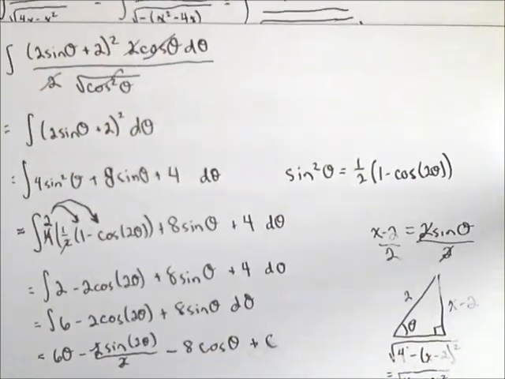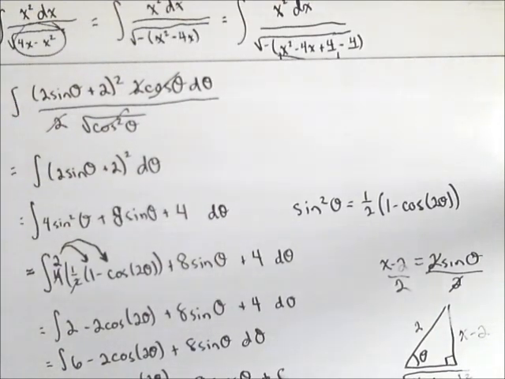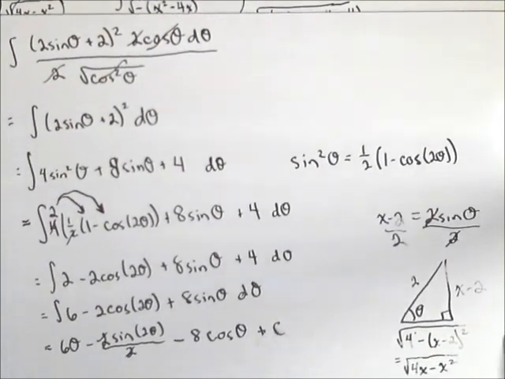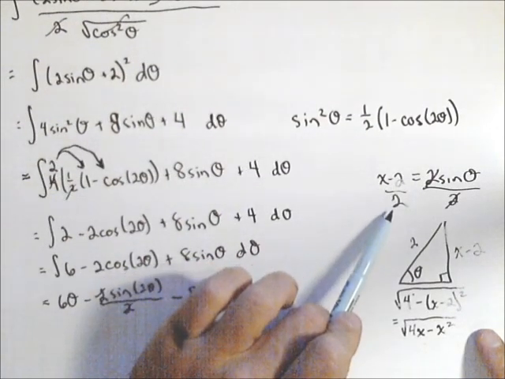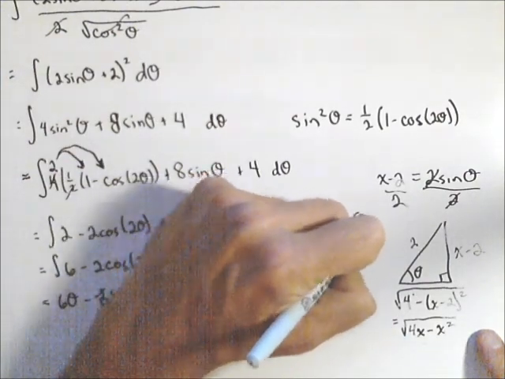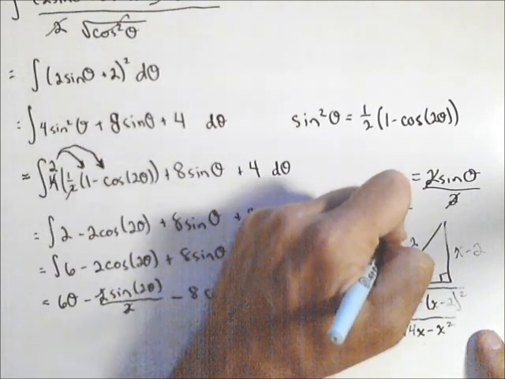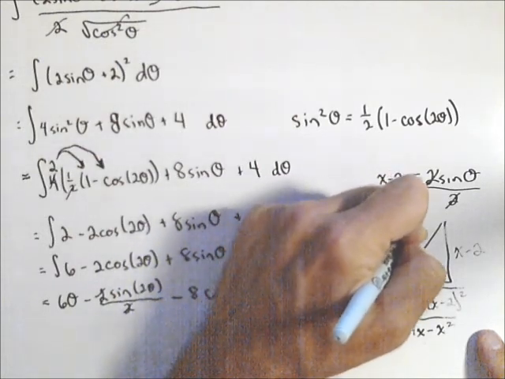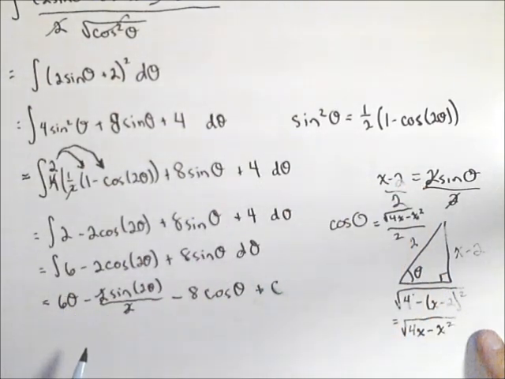That should look familiar from our initial problem. That happens quite often with trig substitutions. Okay. So that means we know that sine theta is x minus 2 over 2. We know that cosine theta equals square root of 4x minus x squared over 2. We're going to use that to put this back together.